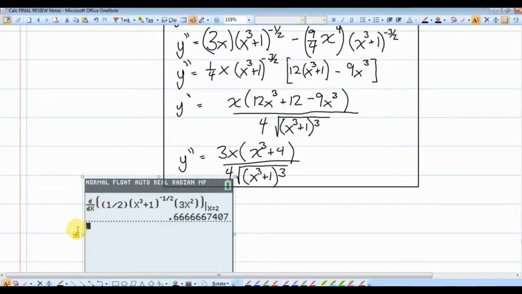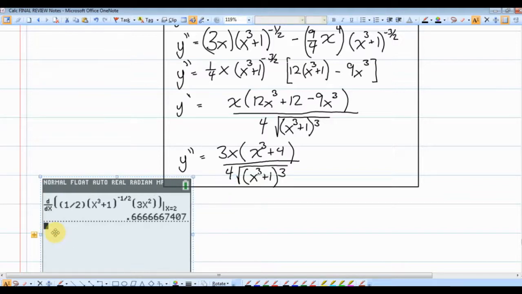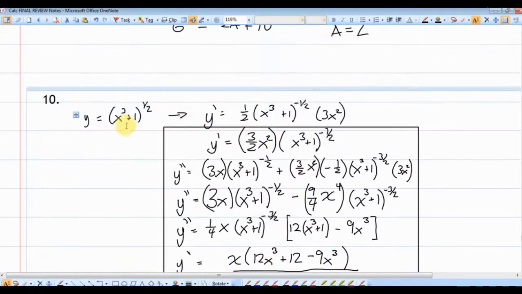Okay, so let's take a look at 10. I'll just kind of explain it as we go along. We're supposed to find the acceleration after 2 seconds. A couple of things to go on here. Number one, this equation is actually a really poorly written question. Instead of x, they really mean t.